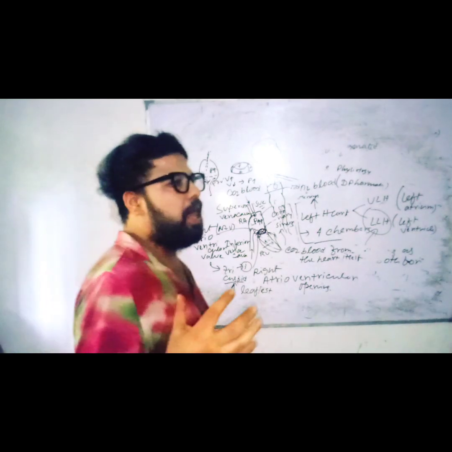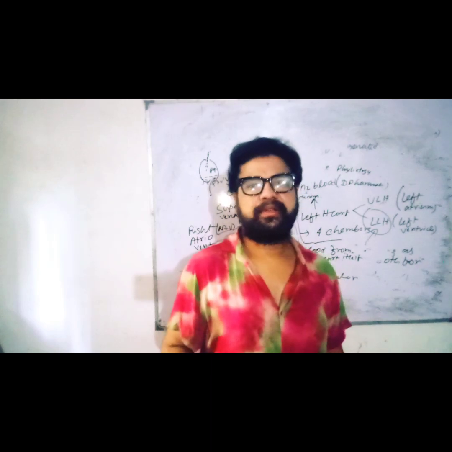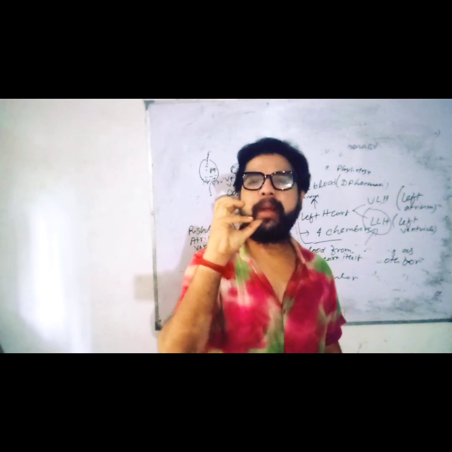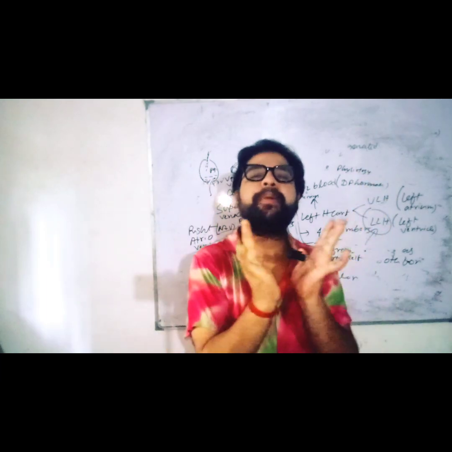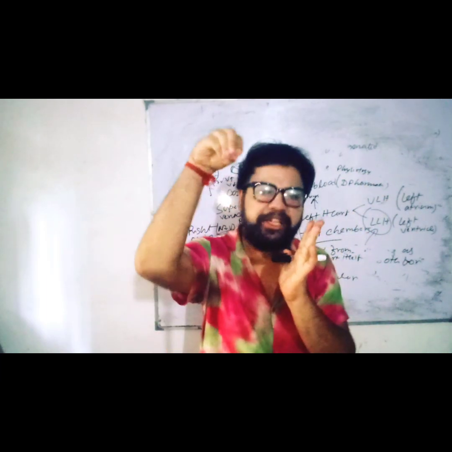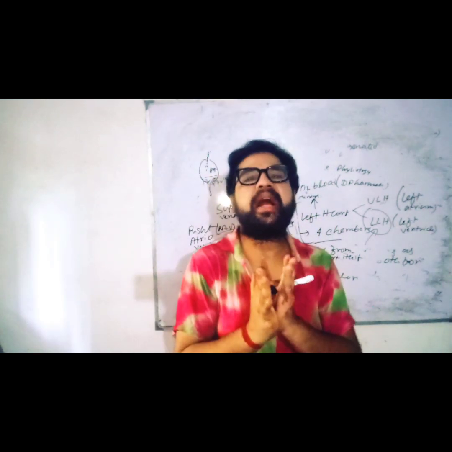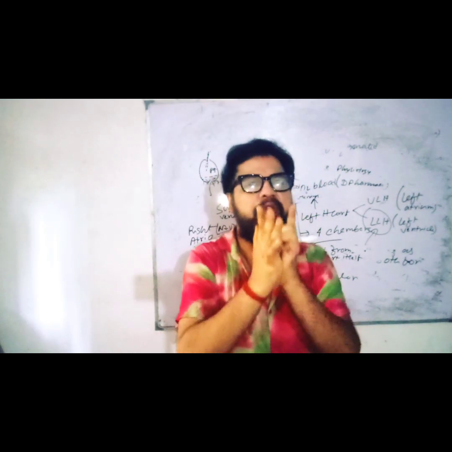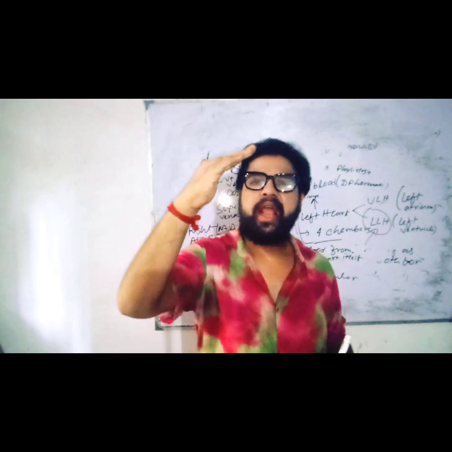So initially my left atrium is vacant. When my left atrium is vacant, normally the intra-atrial volume will be more because there is no blood. And when the blood is coming gradually into the atrium, normally the intra-atrial pressure will be rising.